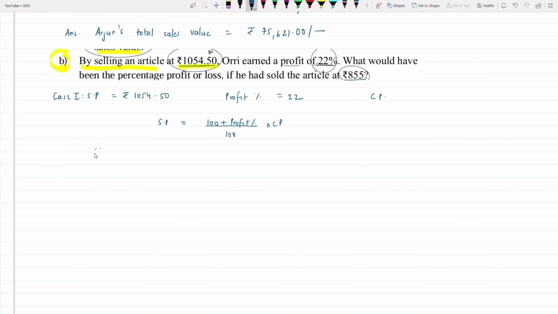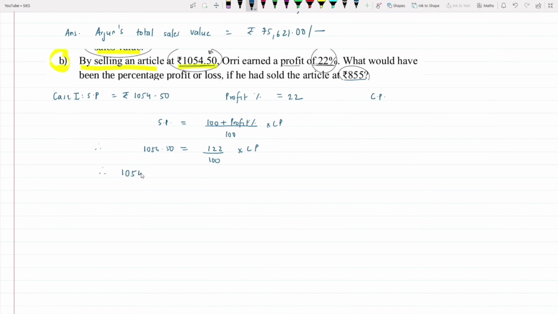Just substituting the known values. So SP is 1054.50. We have this as 100 plus profit percentage, which is 22. So this can be rewritten as 122 upon 100 times CP. Now since we are interested in knowing the CP, let me move the other figures to the left.